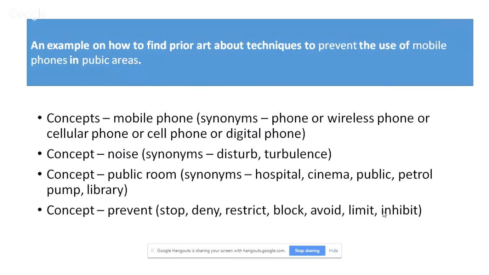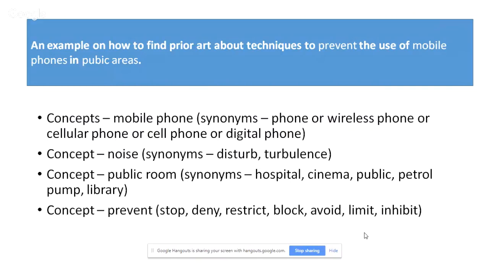Next is the concept of reducing noise. When you are using a mobile phone in a public area, it leads to noise and disturbance to the other public around. So the synonyms could be disturb, turbulence, or noise. Next concept is public room that we have taken up from the invention idea itself, public room or public areas.